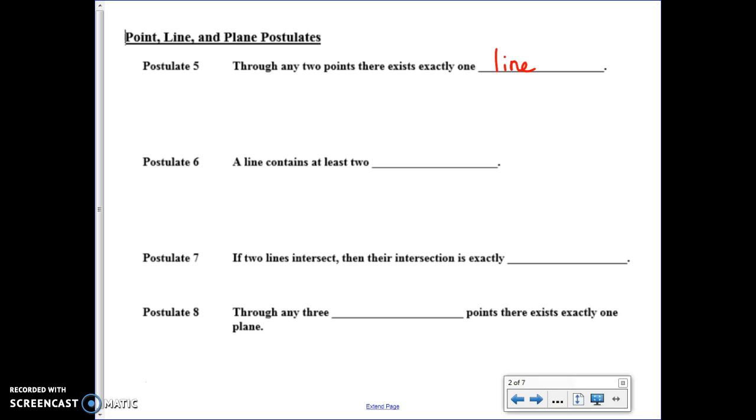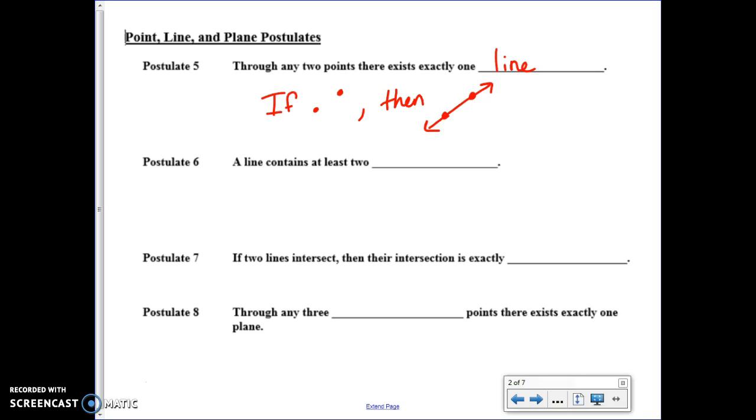If I want to write this out in pictures, I would say if I have 2 points, then through those 2 points there is a line. Use your straight edge there to make that nicer. So if 2 points, then 2 points on a line is how you would write that out in pictures.